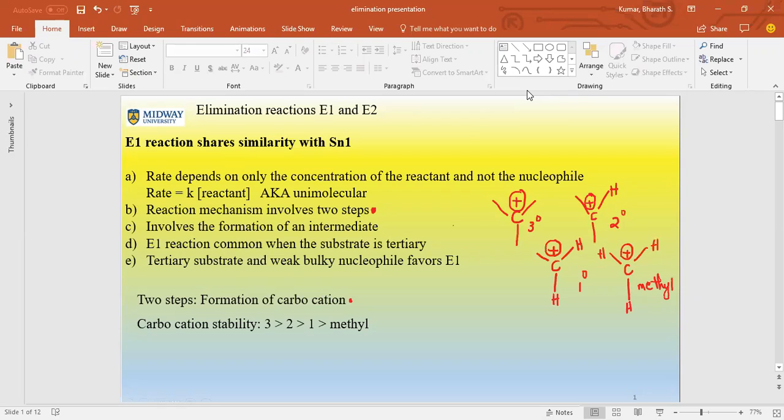If your reactant contains a secondary carbon substrate, that means it will lead to a secondary carbocation. For instance, say your reactant looks like this. We know our Cl group is our leaving group and our CH3 is our substrate. You can see that if the Cl leaves and you end up with a positive charge, then that will be a methyl carbocation.